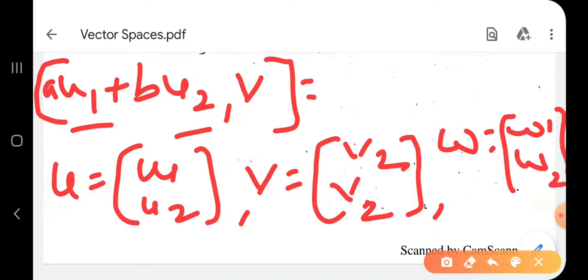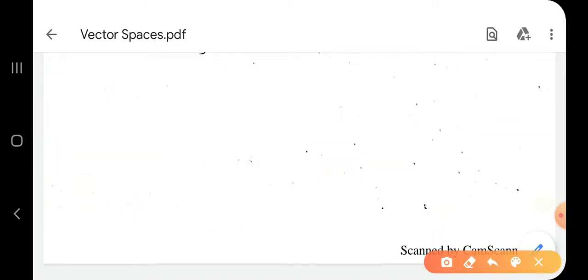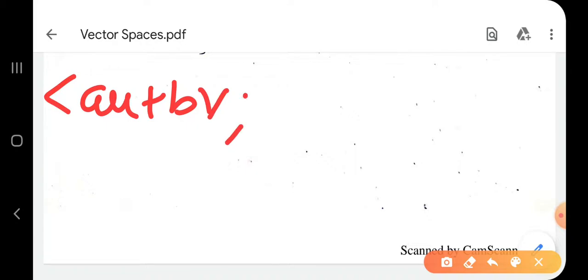Now using the new notation, I take a u plus b v and w. Understood?